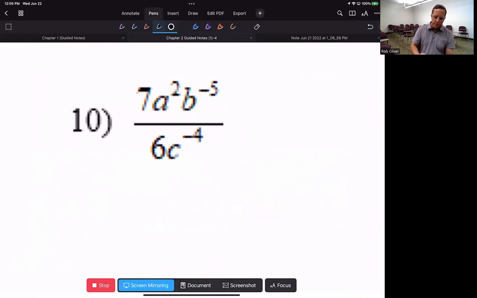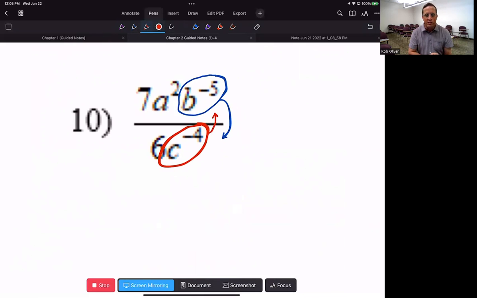All right, on number 10, I like to outline almost like a football play, to show where things are going to move to. That's important. Get a game plan in order before we actually start moving stuff. So the B is going to move down to the denominator, and the C is going to move up to the numerator.